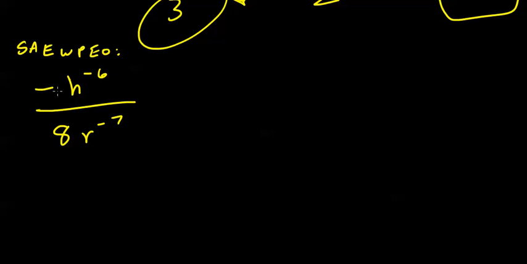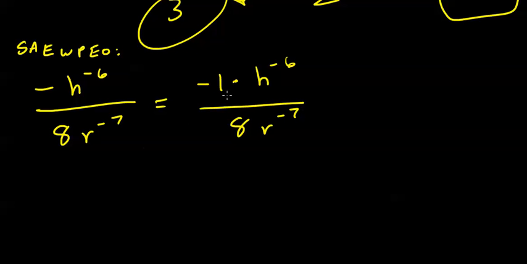The first thing I'm going to do, just to make things a little more clear: when I've got a negative sign sitting out front of a variable with an exponent on it, I can call that a coefficient of -1, could I not? Minus h to the minus 6 power is really equivalent to -1 times h to the minus 6, okay? And similarly, downstairs, 8 times r to the minus 7th, that's like a factor of 8 in front of that variable with the exponent expression.